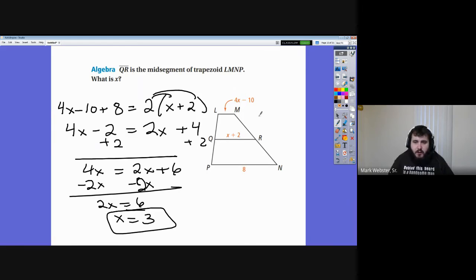And then, you plug it in, you can see that it works, right? This should be halfway in between these two. Well, 3 times 4 is 12 minus 10 is 2. This is 8. So this would better be like 5, right? Well, what's 3 plus 2? 5. 5 is halfway between 2 and 8, ain't it? So you know you did it right.